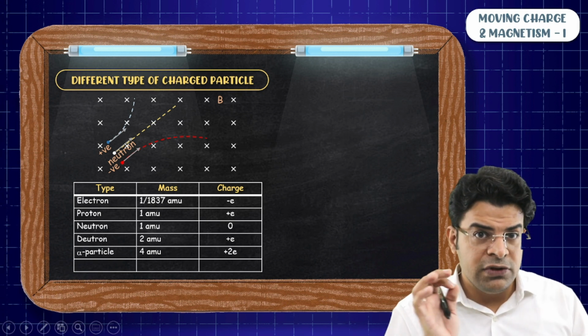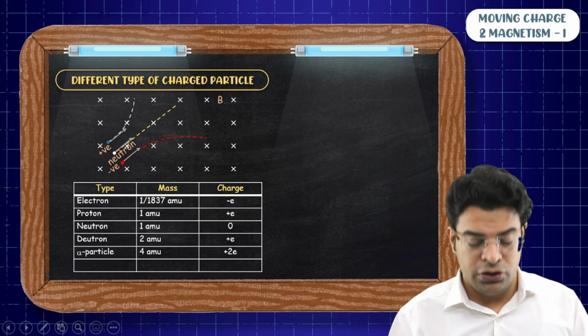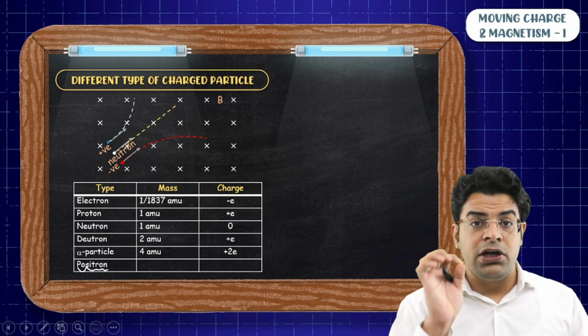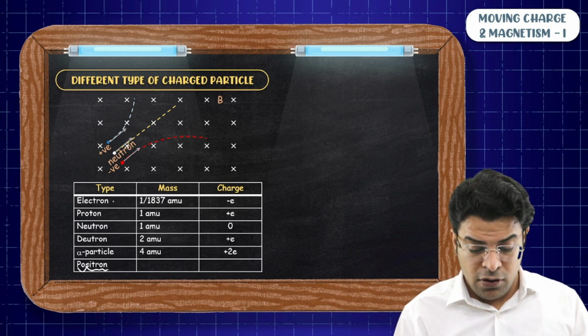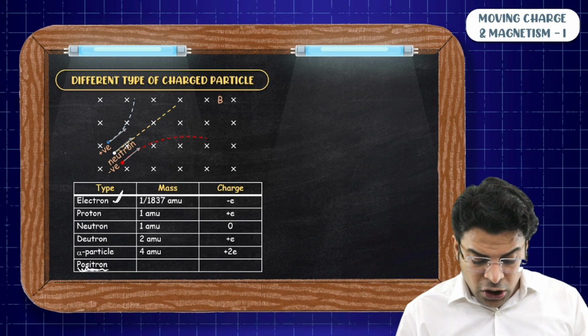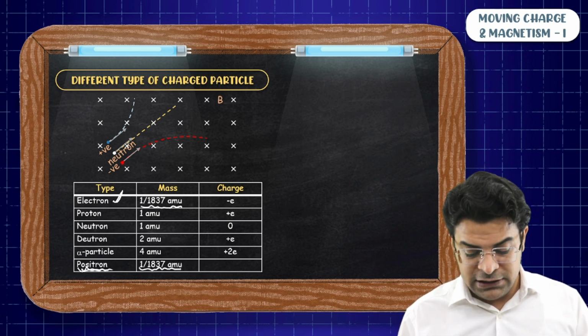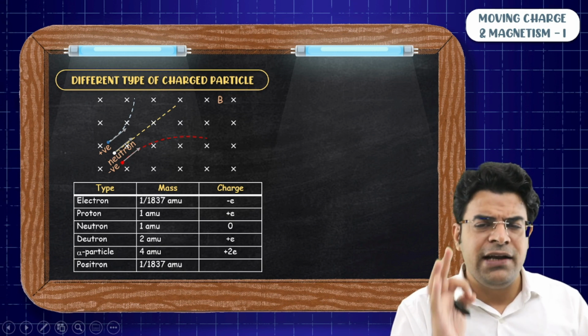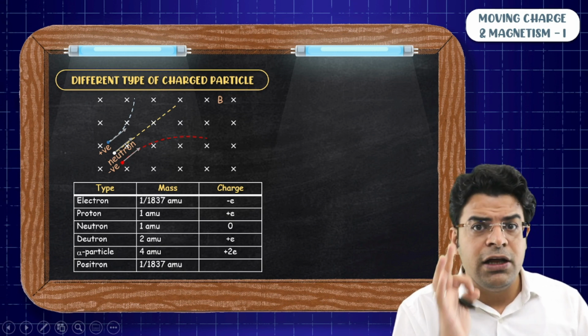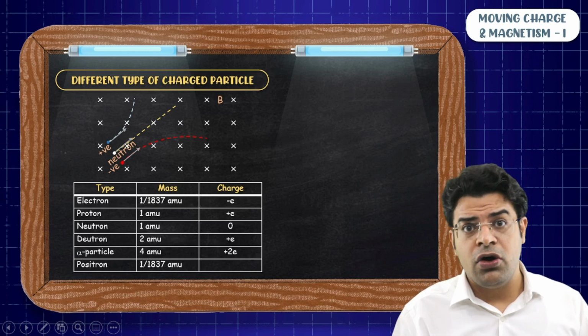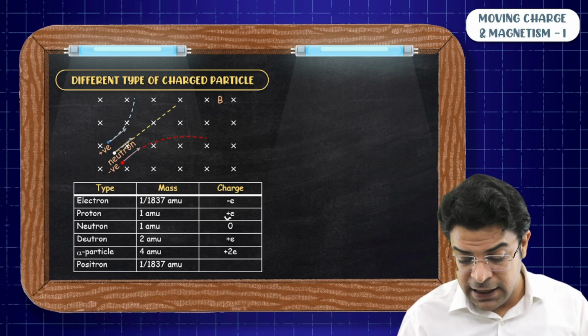Here, the last thing we are going to talk about is positron. Positron is the true antiparticle of electron. A positron has got mass same as that of electron, 1 upon 1837 AMU, nearly 1800 times smaller than the mass of proton. But the positron has the same charge as that on a proton.